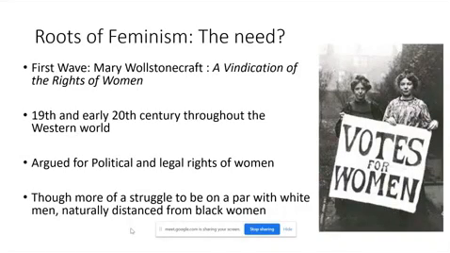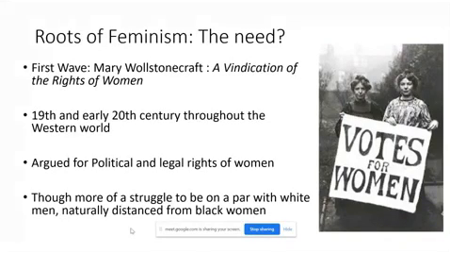The first wave wanted to correct this discrepancy which existed in education, in the professional sphere, and with regard to property rights, voting rights, and things like that.